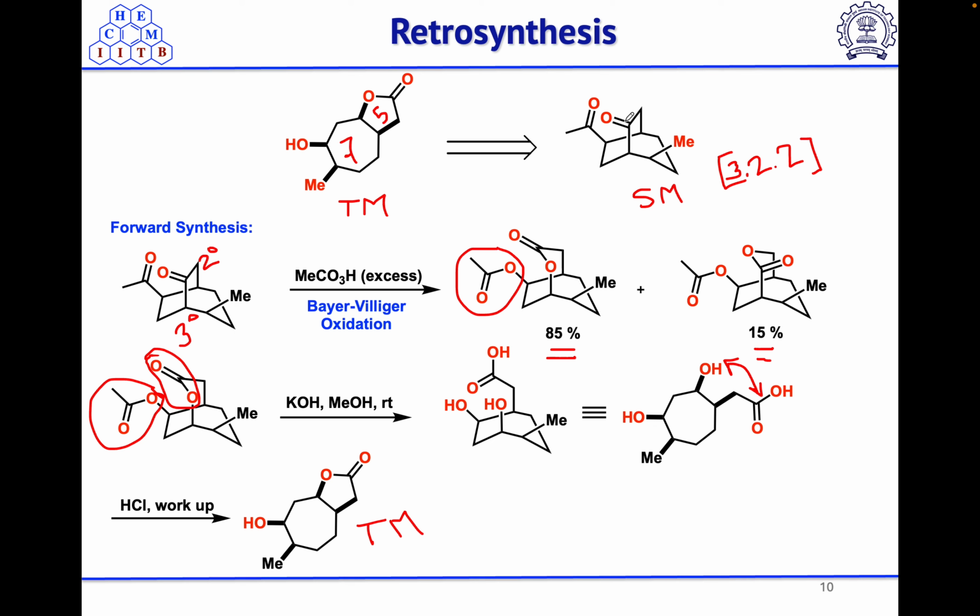First you have to do Baeyer-Villiger oxidation, then you will get a lactone, and if you hydrolyze the lactone, this bridge will eliminate, so you will get a seven member ring. After getting this seven member ring, if we do lactonization again with this acid and alcohol, we will get this compound, right? Very interesting.